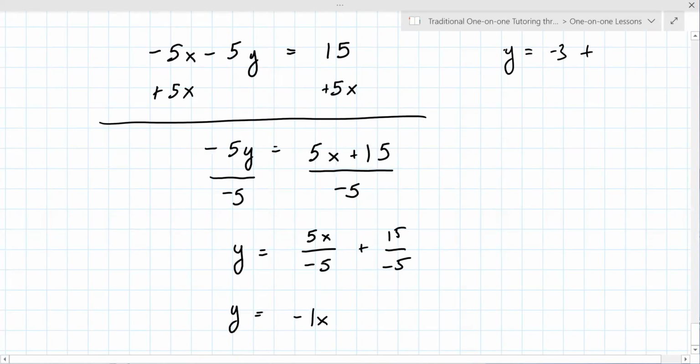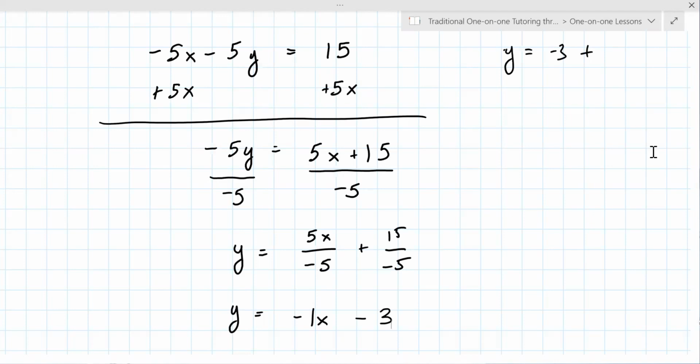It's -1x minus 3. Okay. Now, again, this is very important. It's considered preferred to put the x variable first, -3.